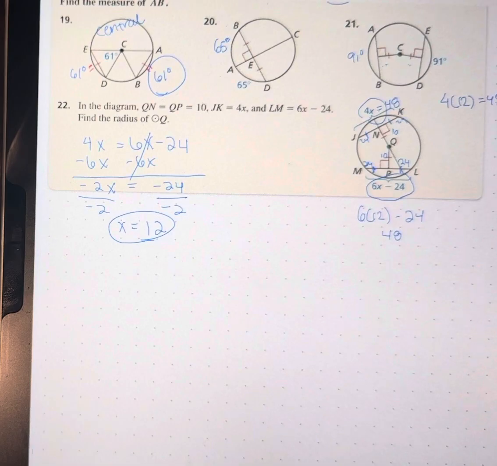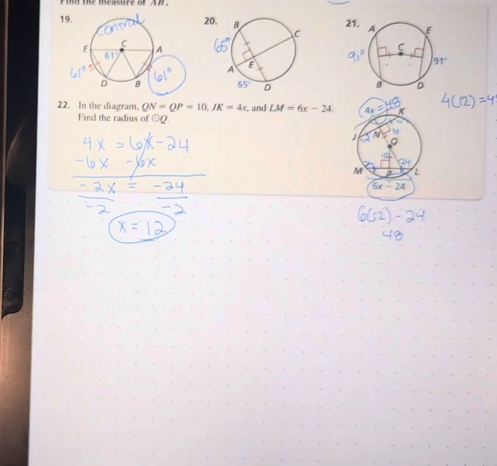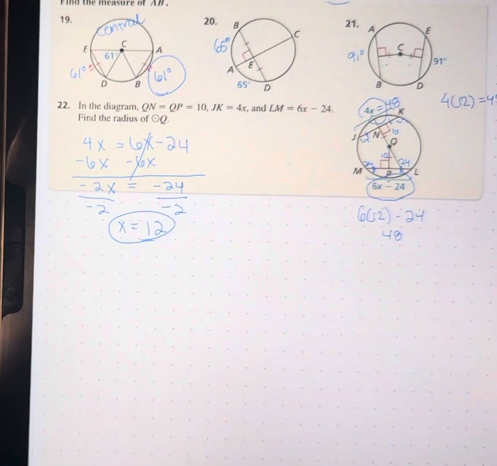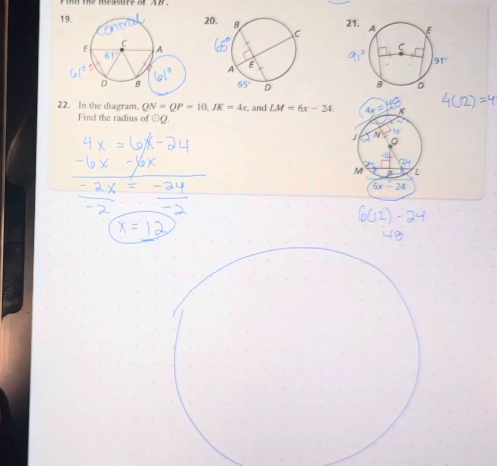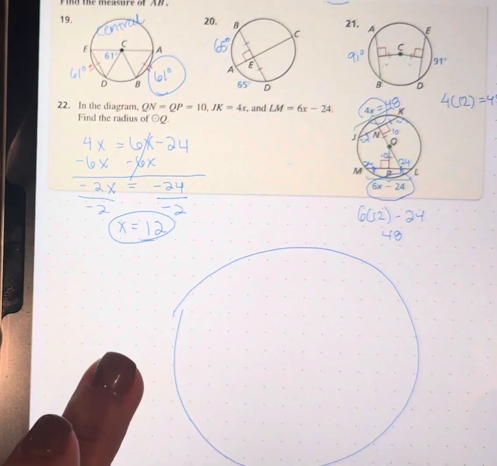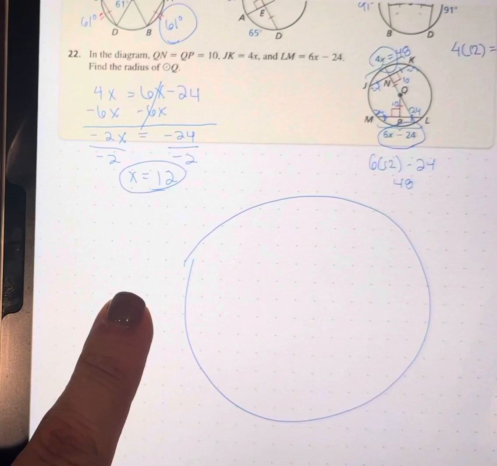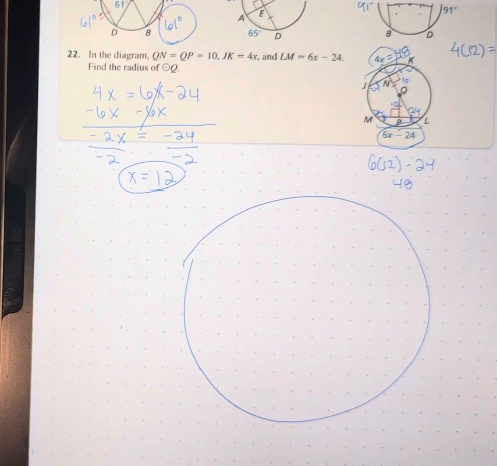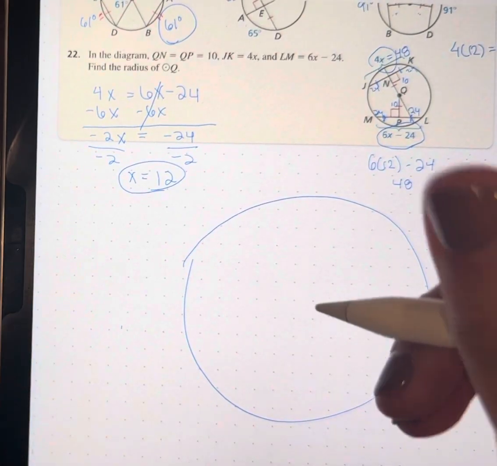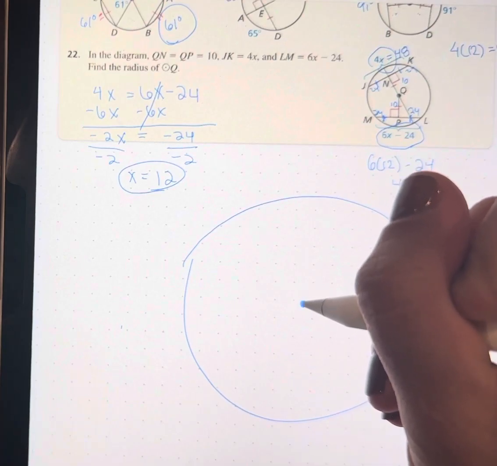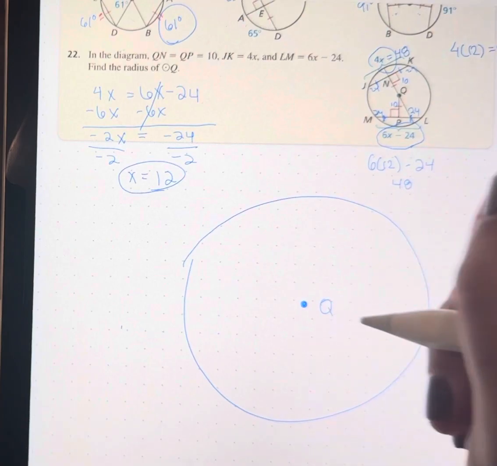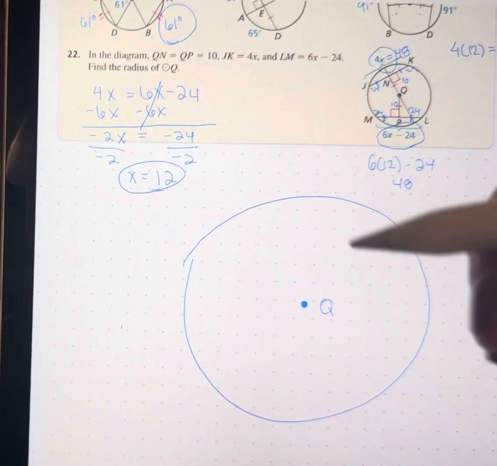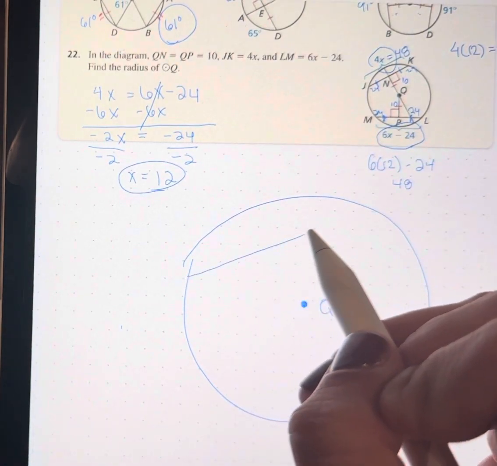All right, you guys, this right here, I hate it. It's small, it's crowded, and I can no longer see what's going on. So let's go ahead and make a nicer circle and try to really only bring over what we need. And if you remember this question, you know you're going to have to make a right triangle. So here's the center, and the center is Q. And what I'm going to do is just draw one of these chords.